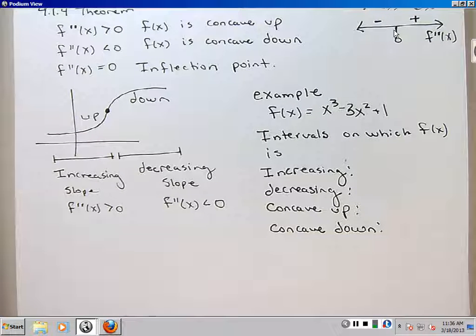So to look at the increasing and decreasing, you have to look at the first derivative, find critical points, and then test on the interval. And for concave up and concave down, you have to look at the second derivative.